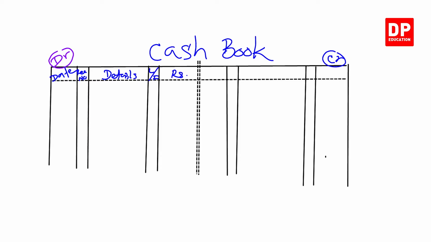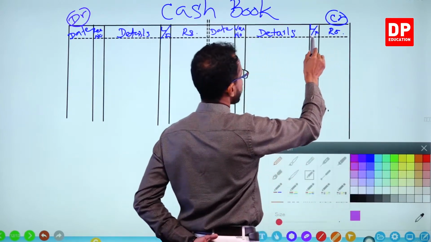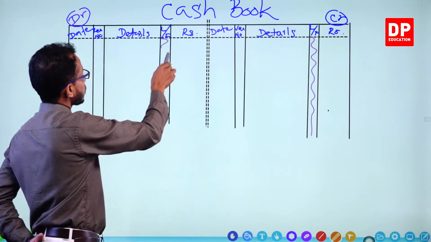On the other side, on the credit side too, date, voucher number, details, ledger folio, and finally the corner, amount. This column, the ledger folio column, is not really necessary, children, but draw it.